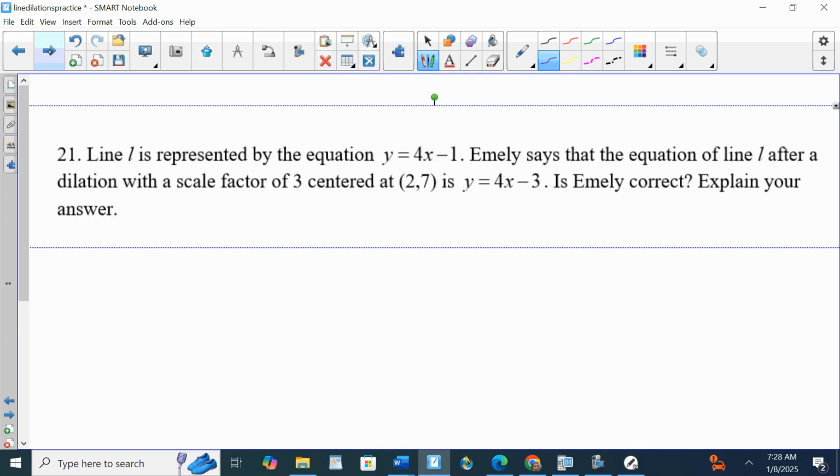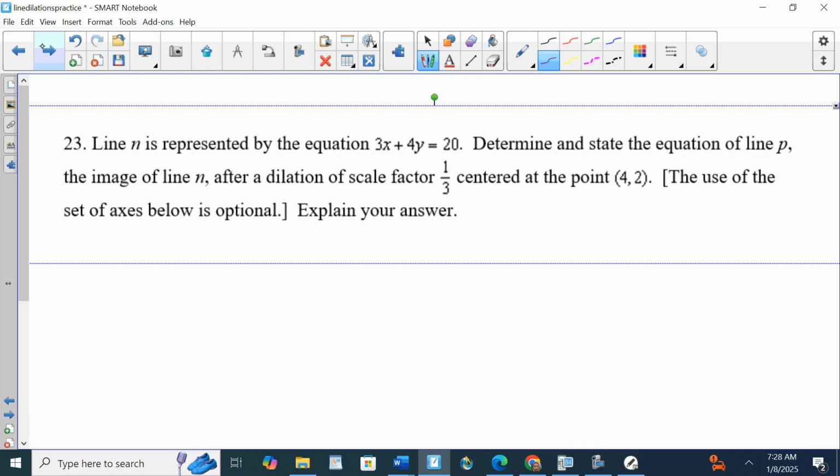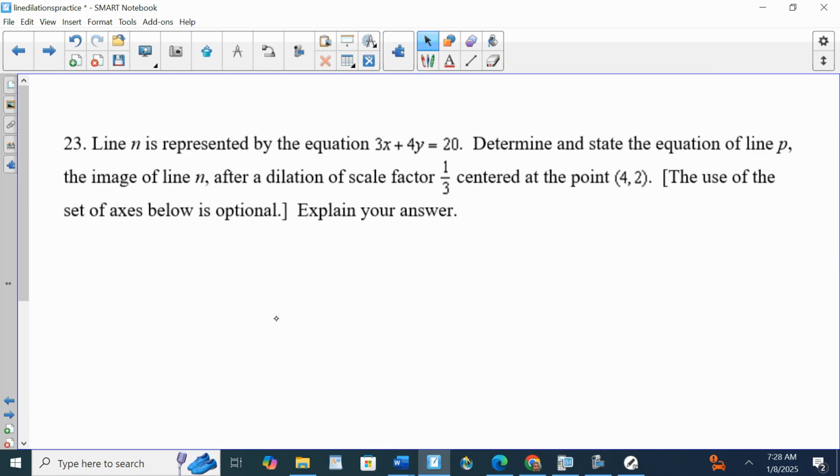And the final type of question: line N is represented by the equation 3x plus 4y equals 20. Determine and state the equation of line P, the image of line N, after a dilation of scale factor 1/3, centered at the point 4, 2. Well, I really need to know if the center is on the line. That's the cheat. It's only the same equation if the center of dilation is on the line.